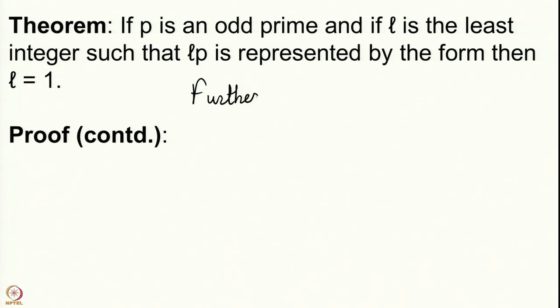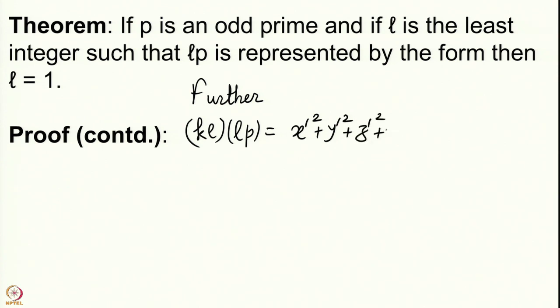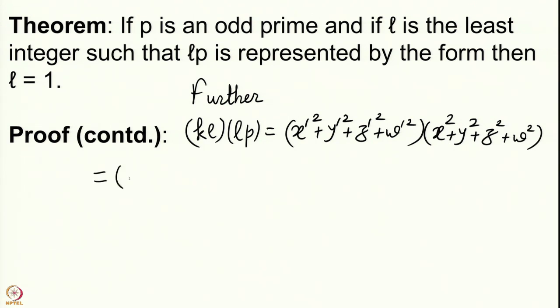Further, KL into LP, which is really x prime square plus y prime square plus z prime square plus w prime square into x square plus y square plus z square plus w square, has to be represented by the form again, and we will write this explicit formula.